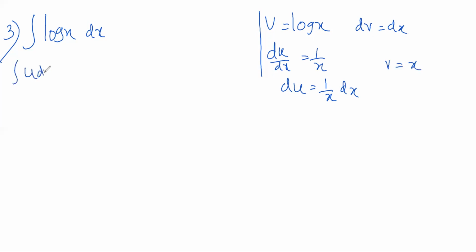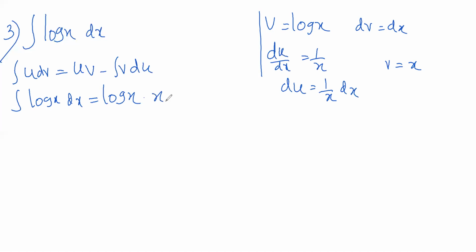Integral u dv is equal to uv minus integral v du, correct? So u is log x, dv is dx, is equal to uv, log x into x, minus integral v du, v is x, and du is 1 by x dx, right?